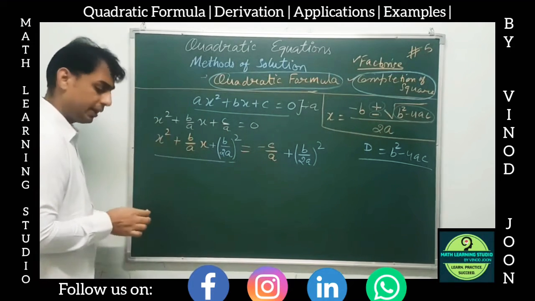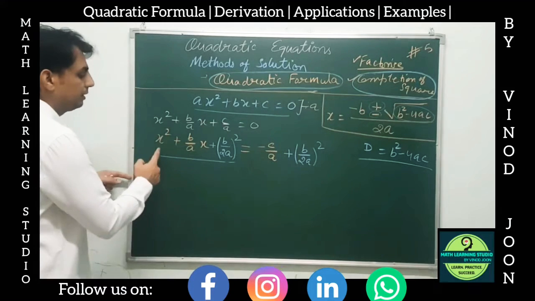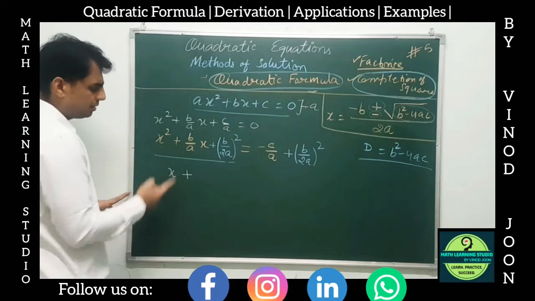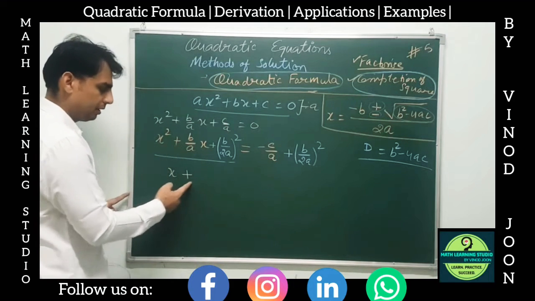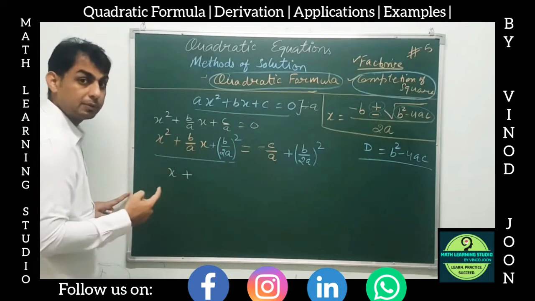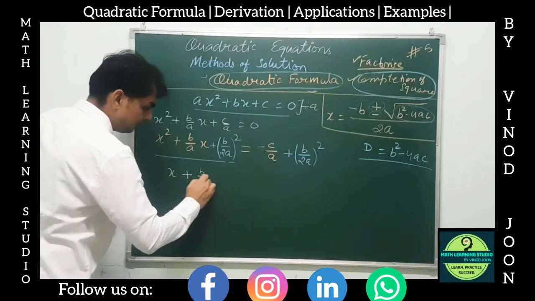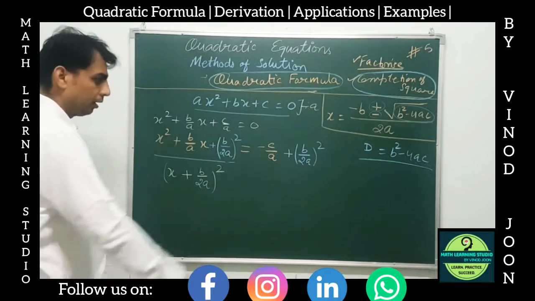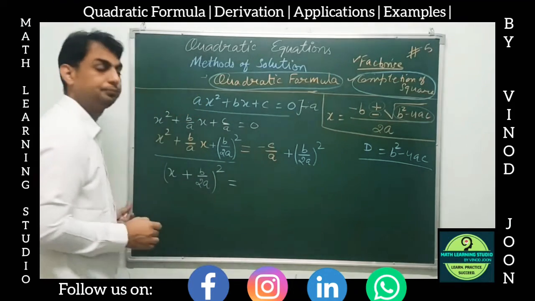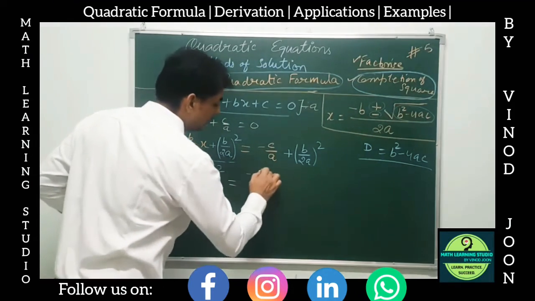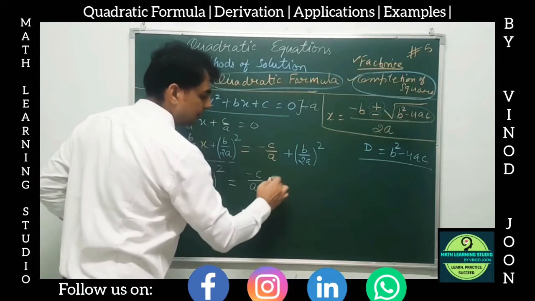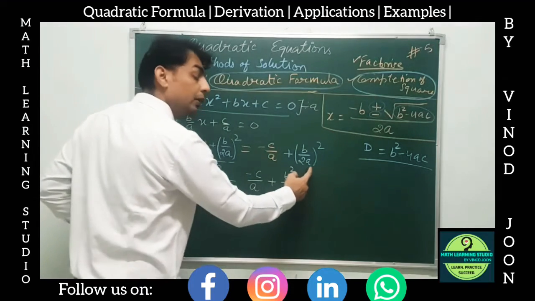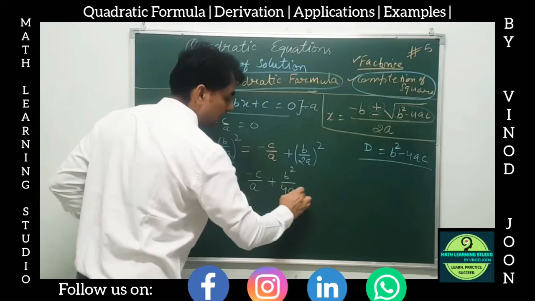This always becomes a square, and whose square is it? This is a square of x plus or minus, depending on the sign. Here it is plus, so I take plus. This becomes my b. So x plus b by 2a whole square. And on that side what we have got is minus c by a, and this becomes b square divided by 2a whole square, that means 4a square.